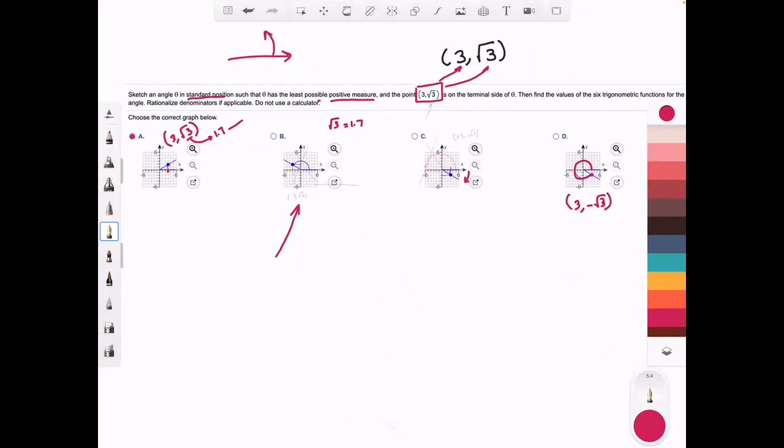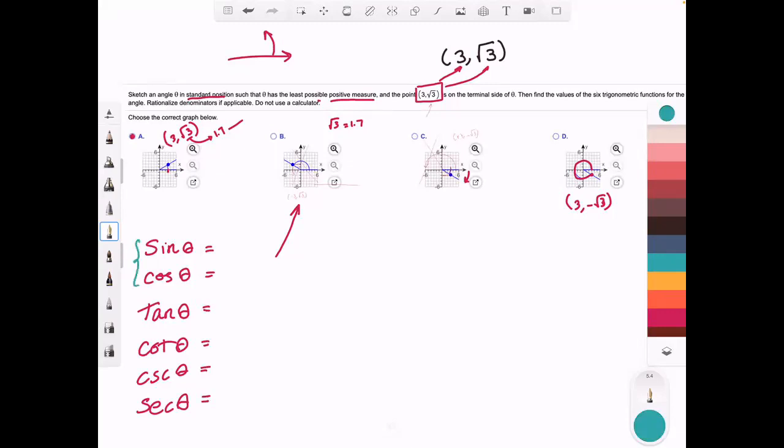We know about sine theta, cosine theta, tangent theta, cotangent theta, cosecant theta, and secant of theta. Correct? Those are the 6 trigonometric functions. Our job is to do correctly for these 2, because the other 4 come from these 2.